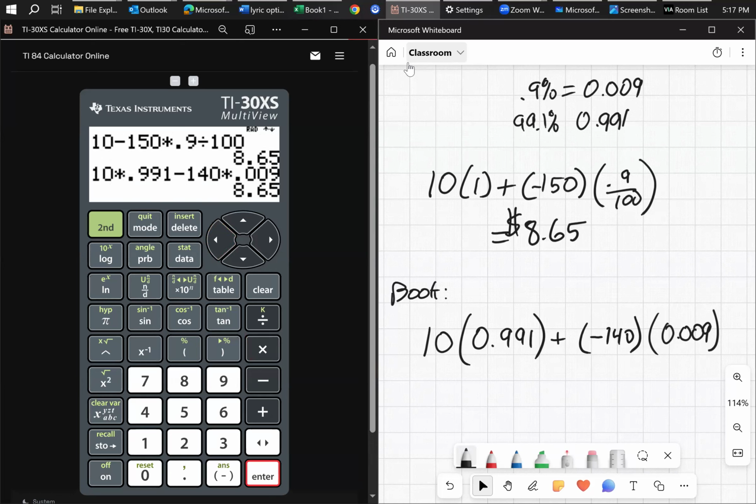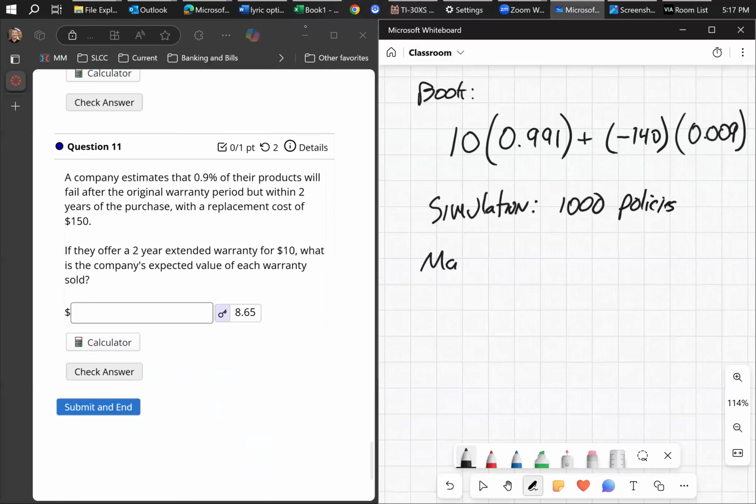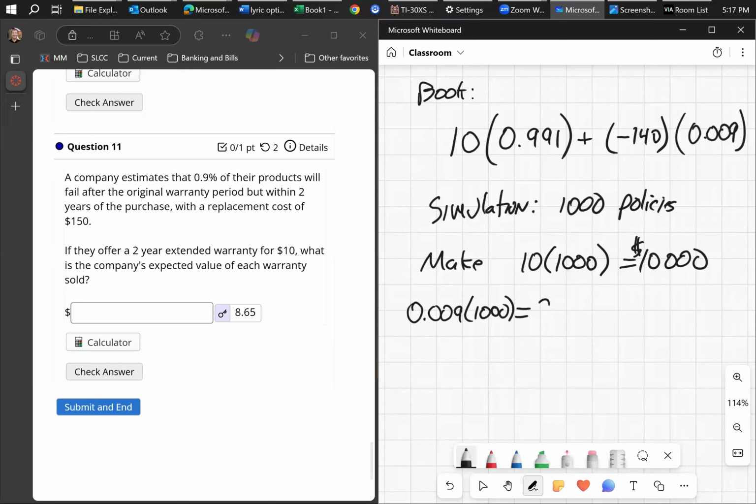And then you can also do a simulation. Let's do 1,000 policies. They sell 1,000 policies, so they make $10 for every policy. 10,000, that's $10,000. 0.009 of 1,000 is 9.